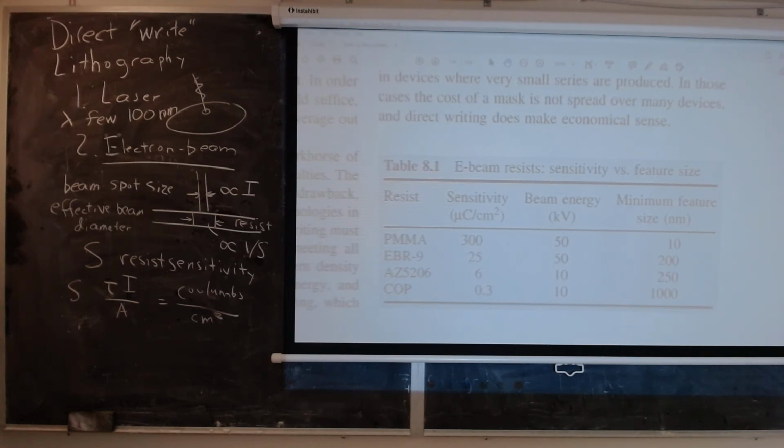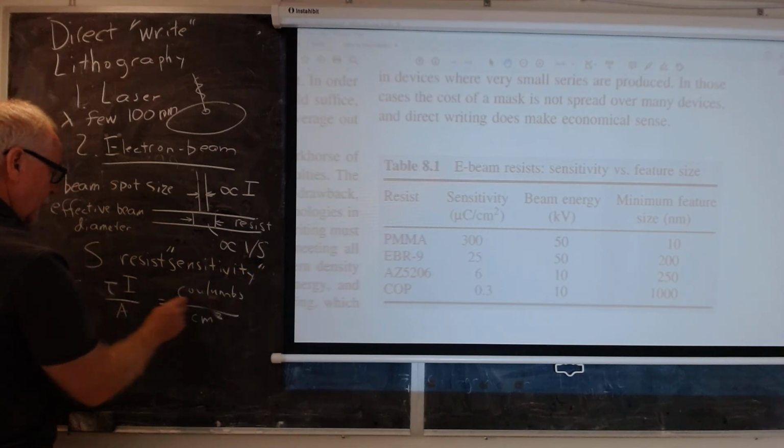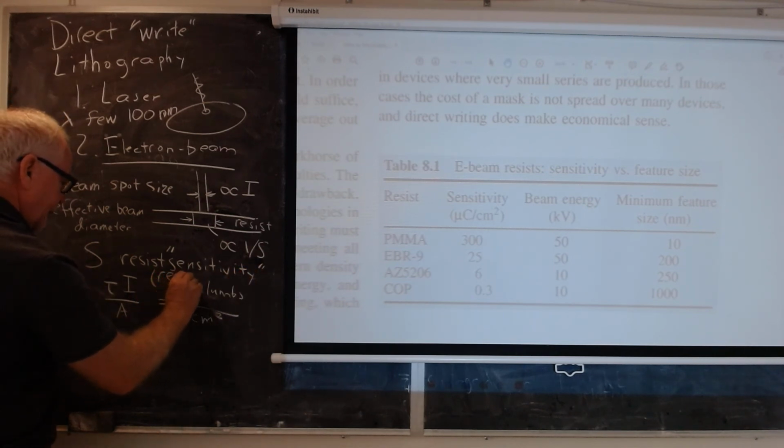I wouldn't know what I would call it if I were going to call it something different, but it's just the required charge, S, let's say. So S is the required charge. And let me put sensitivity in quotes here, and it's really the required charge.